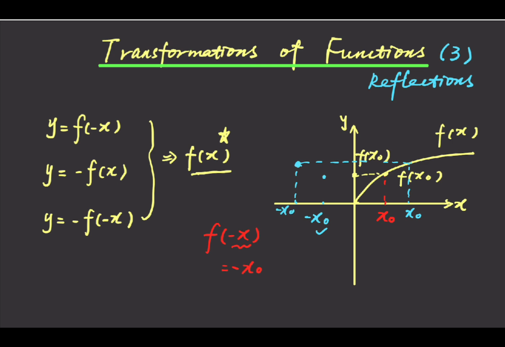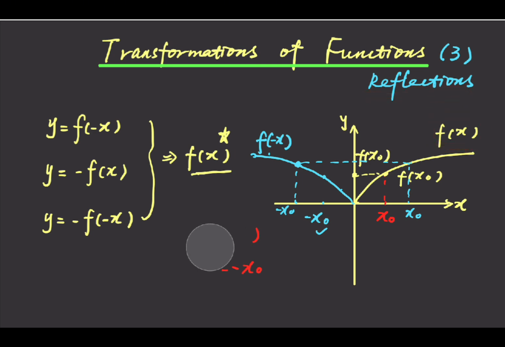So similarly, we can locate the corresponding points. Then we connect every point one by one. We can get the new function, that is f(negative x). This is the transformed function of the original function. This is the original function. We call this a reflection of the original function.